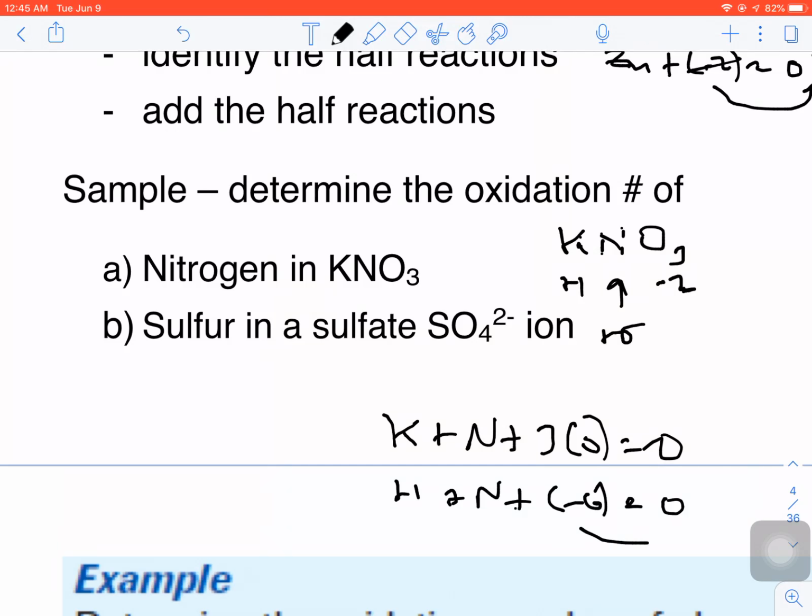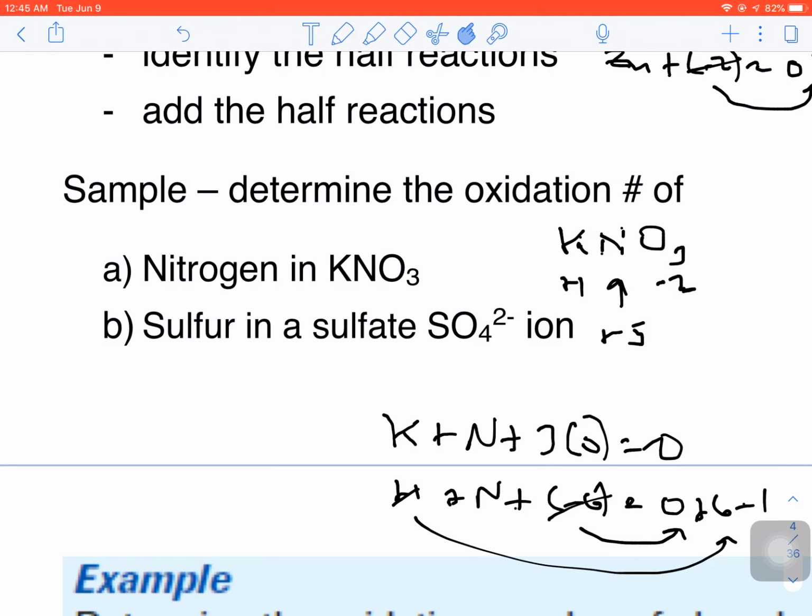So let's take the -6 across to this side as +6. Take the +1 to this side as -1. And nitrogen is left over as 6 minus 1, which is 5. So I can calculate my nitrogen as +5, either just by inspection, or by doing the little calculation to figure it out.